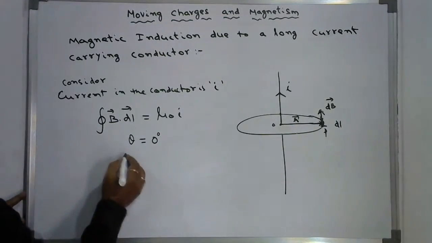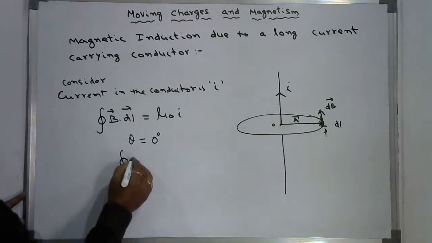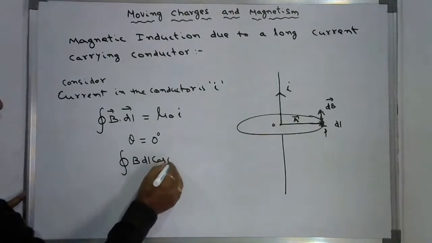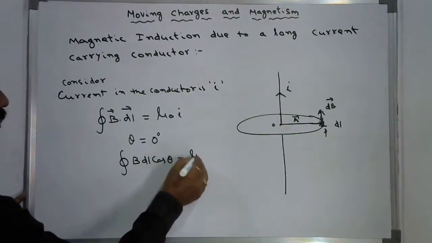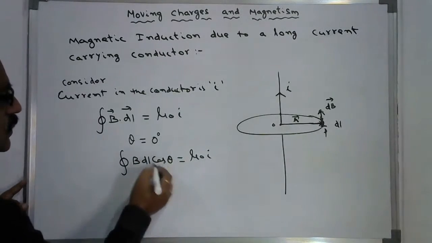Therefore, I write here the closed integral B dl cos theta is equal to mu naught I. Since theta is 0, cos theta becomes 1.